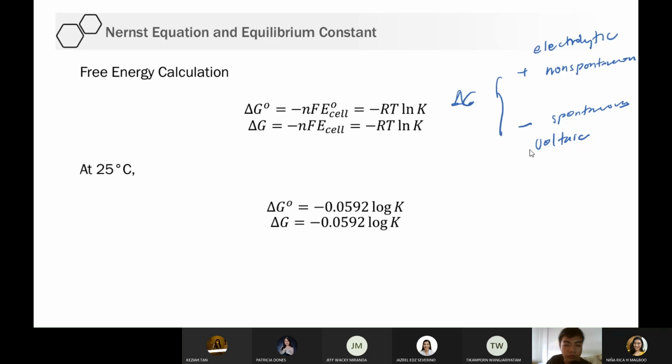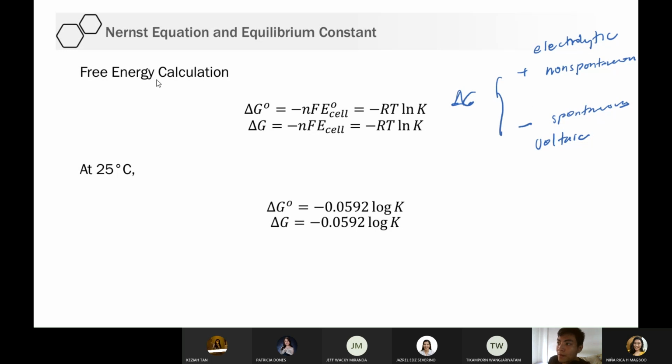But if you want to reverse the reaction, you plug it into the power socket. Okay, so when you plug in your device into the power socket, then the battery percentage will increase because you are doing a non-spontaneous process. Okay, when you are charging up your batteries, then the delta G is positive. But if you are discharging it, then the delta G is negative.